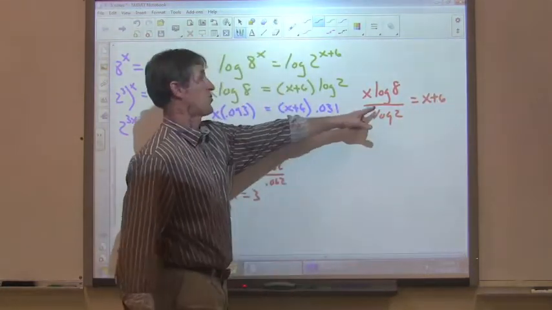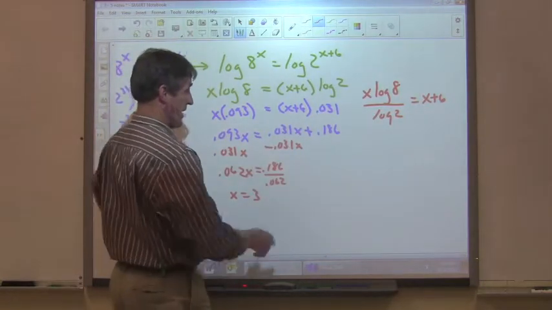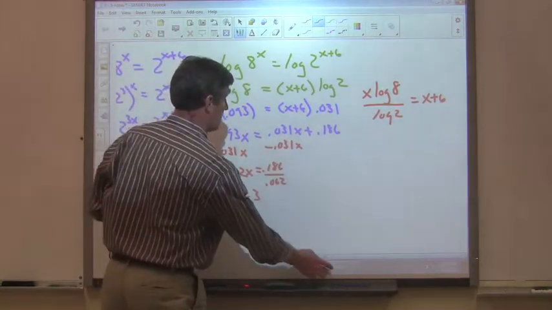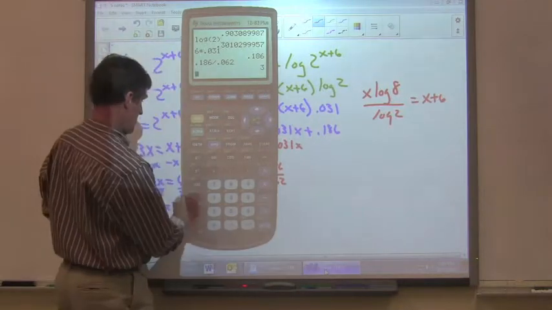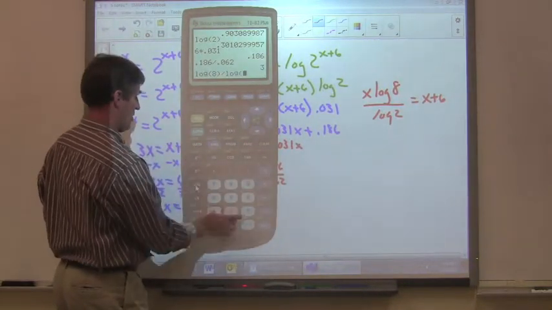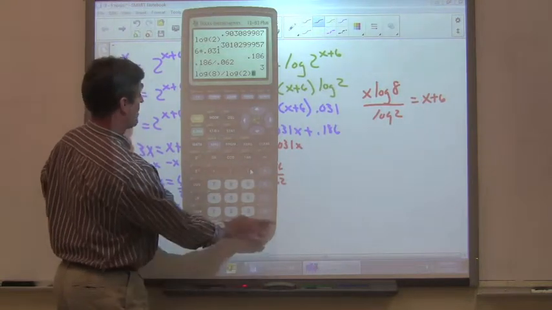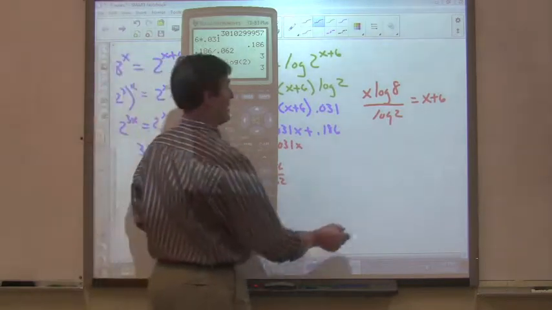That way I don't have to distribute such a large decimal, or these little decimals. And so now I just do it on the calculator. Log 8, remember to close the parentheses, divided by log 2. And it gives me 3 right there.